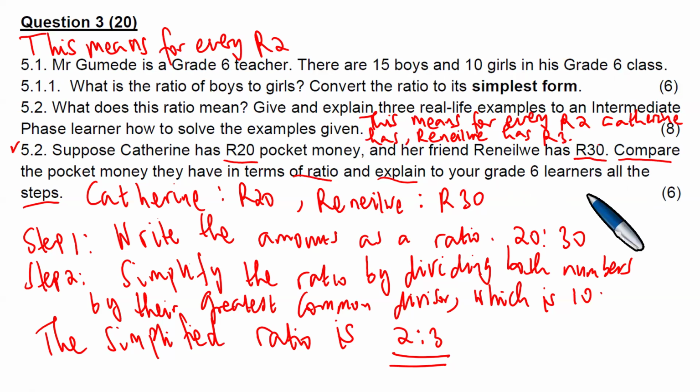So for every 2 rand Catherine has, Renee has what? Renee has 3 rand.